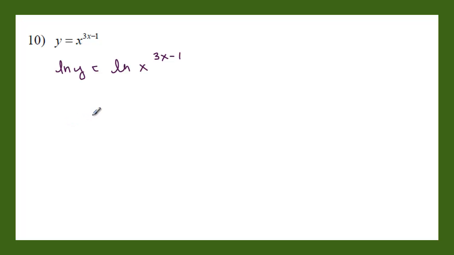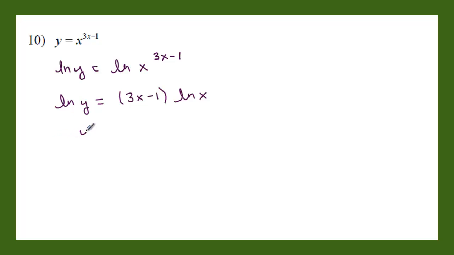And now we will use our log properties and bring this exponent down. So natural log of y will equal the quantity 3x minus 1 times natural log of x. Make sure you remember to put the parentheses here. And now again on the right-hand side we have a product of two functions, so we can use the product rule.